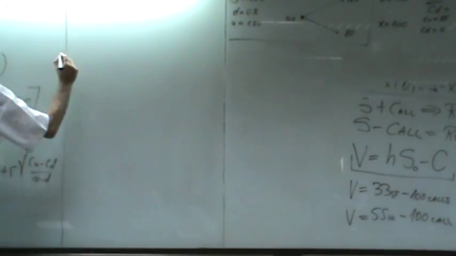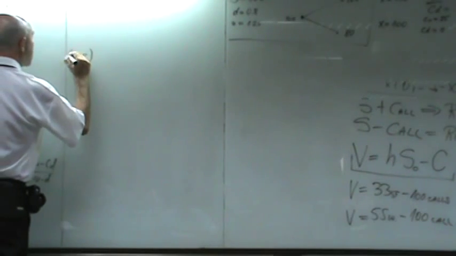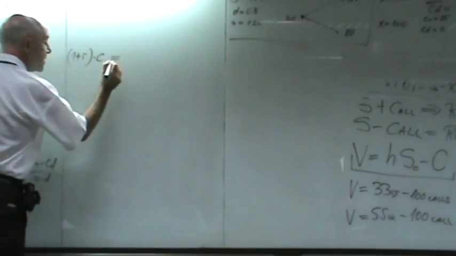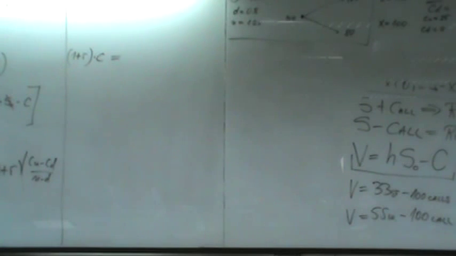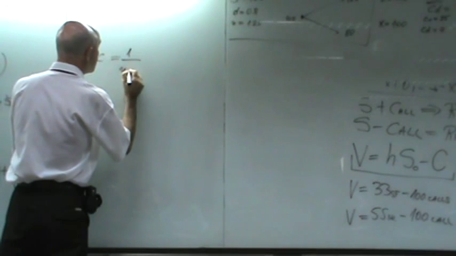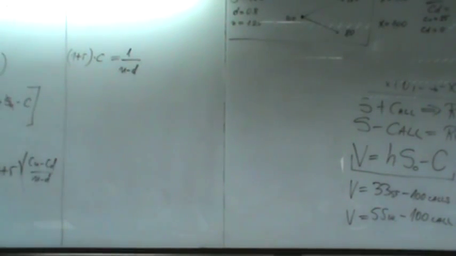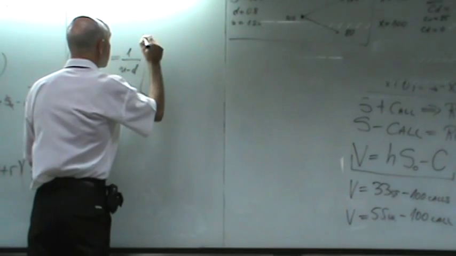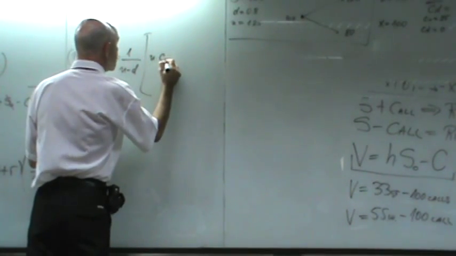All right, so we got 1 plus r times C. Let's see what we got now on this side. You got here U minus D, and this is U minus D. So we take 1 over U minus D, and when you take 1 over U minus D, you get UCU.